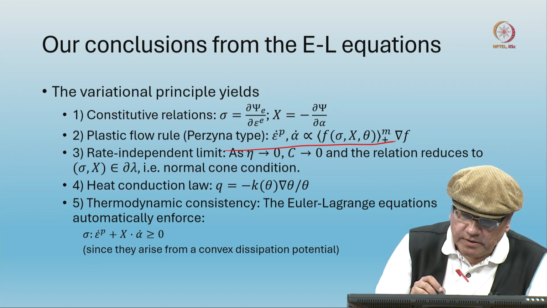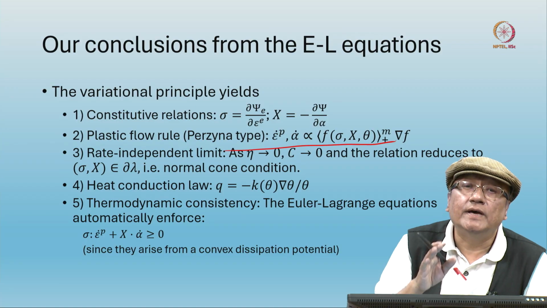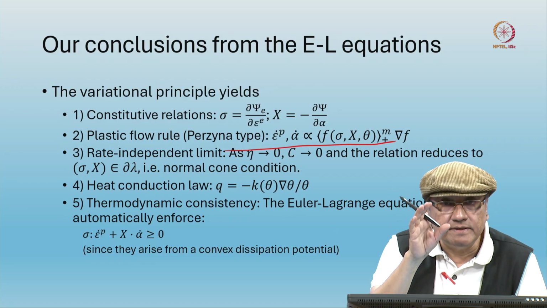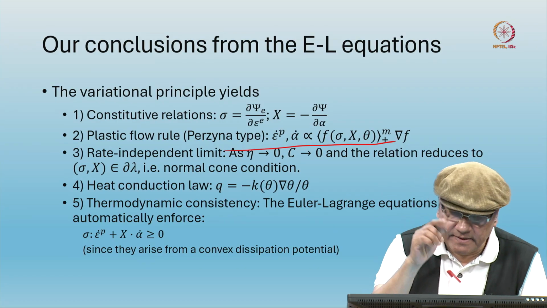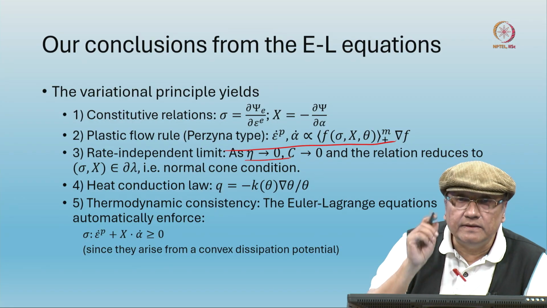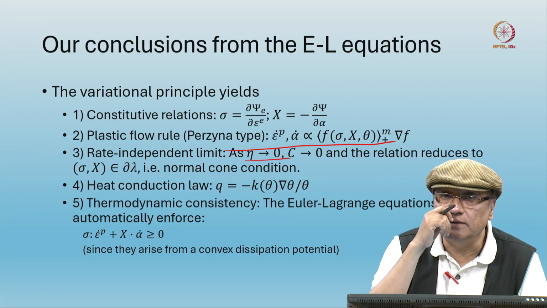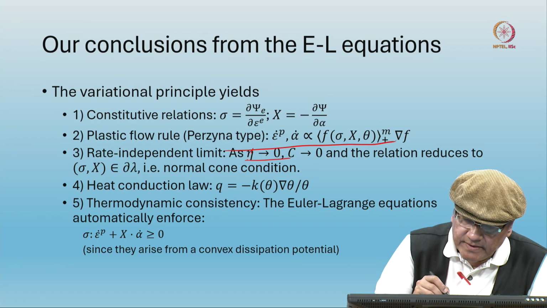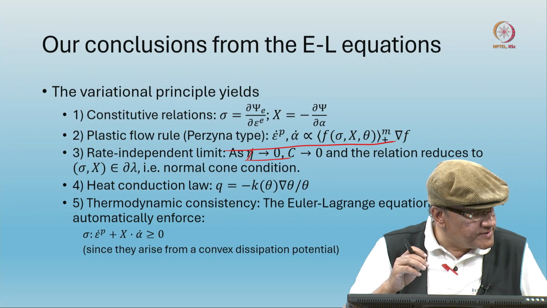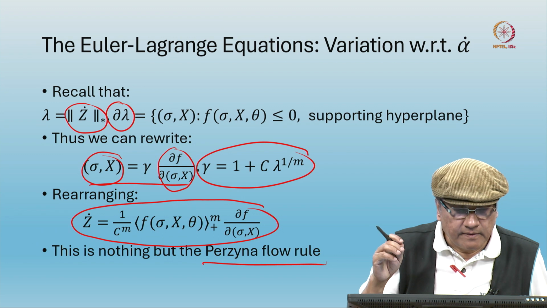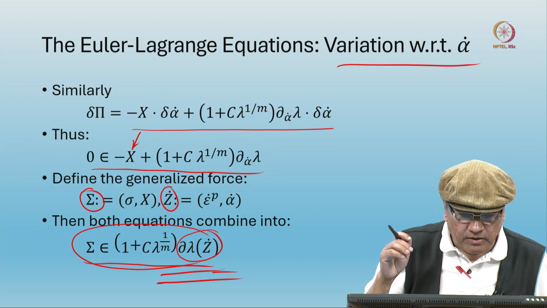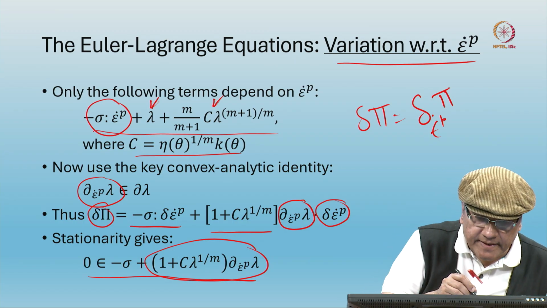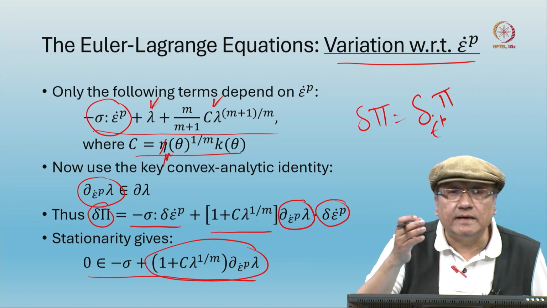We have also used the dissipation potential in such a manner that the rate independent and the rate dependent terms are separated. As for the viscosity parameter, I should actually call it mu. Let me check what it was in the viscosity, eta or mu, because we are using eta for entropy.